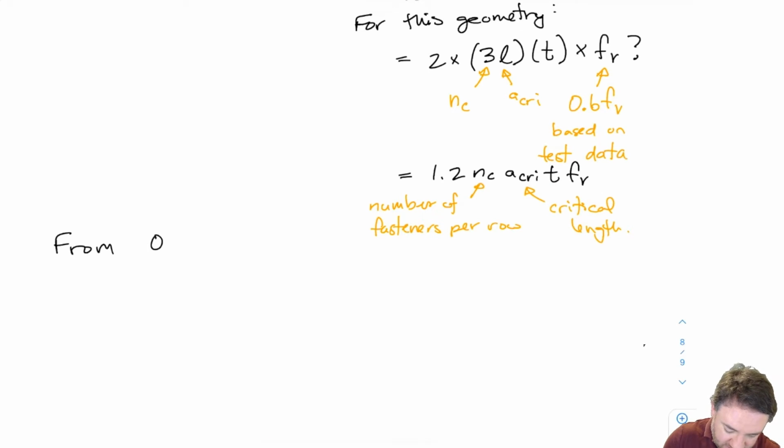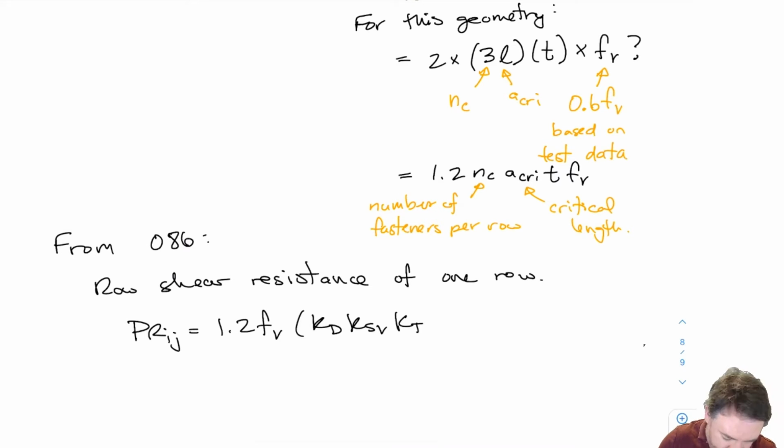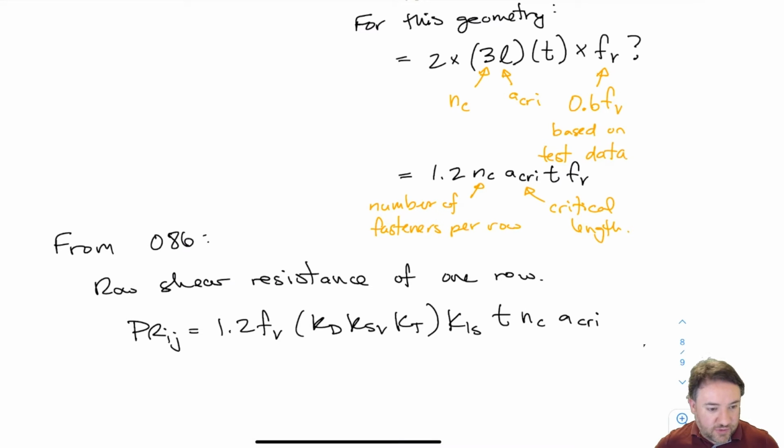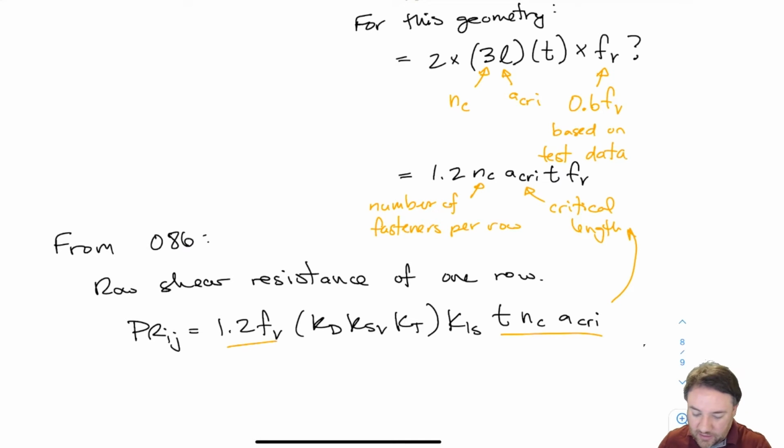How is it in 086? Okay, so in the standard, this is the equation that we get. You'll notice the parts that we just came up with, these and these, were from the equation above. And then in addition to that, we have KD, KSF, KSV, the service factor for shear, times KT.